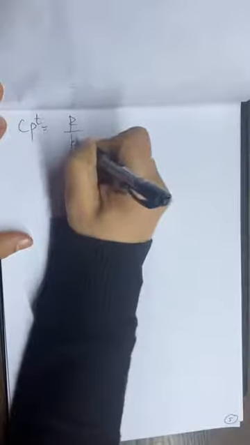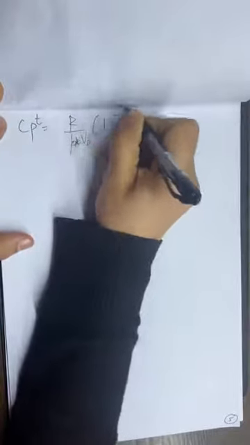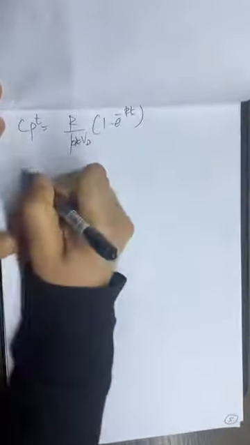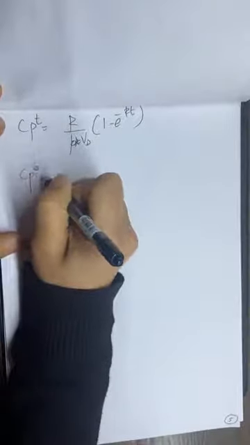Can I determine it mathematically? The concentration at a certain time equals R over k Vd. I want to determine the steady state concentration, which means I need to substitute what? Infinity here.